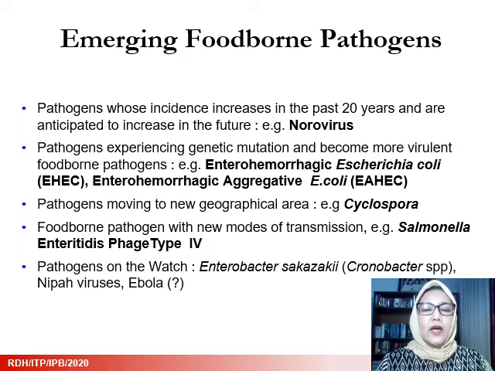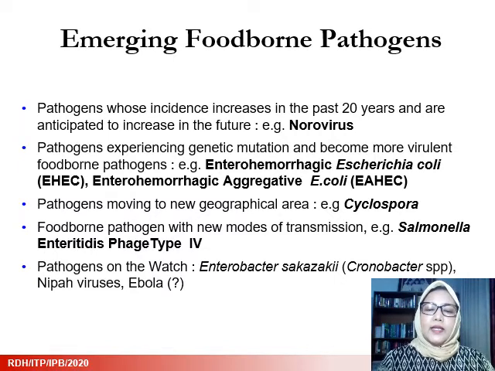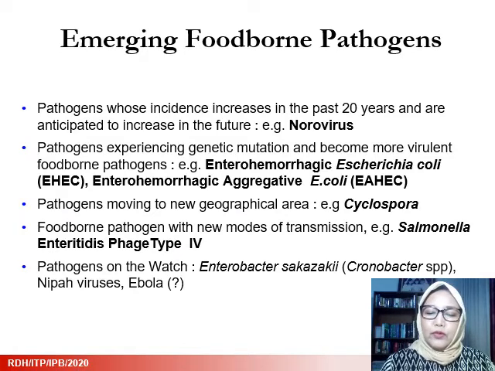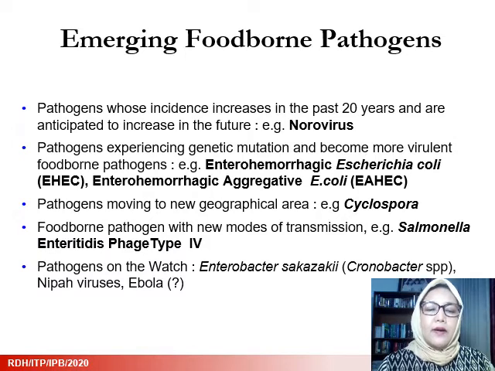The first one is pathogens whose incidence increased in the past 20 years and is anticipated to increase in the future. Second group is pathogens experiencing genetic mutation and becoming more virulent. The third one is pathogens that move to a new geographical area. The fourth one is food pathogens with new modes of transmission. And then the last group is pathogens on the watch.